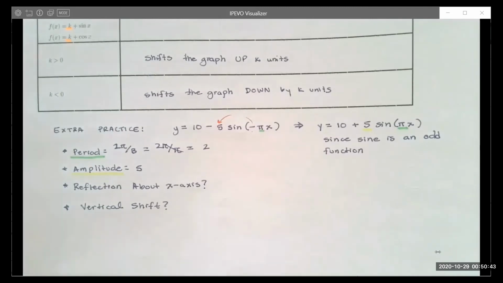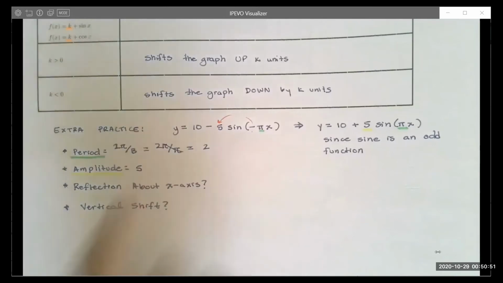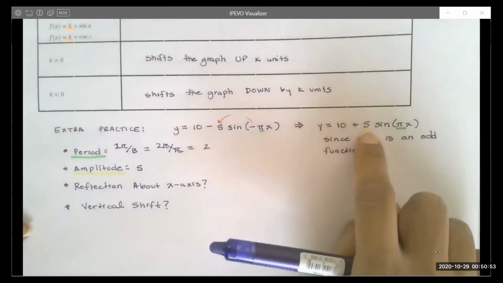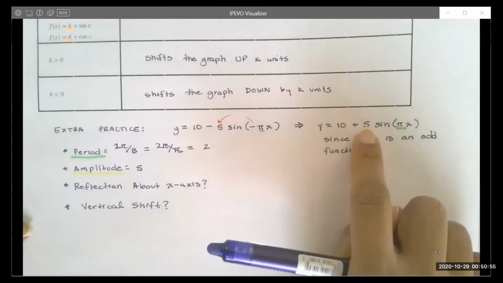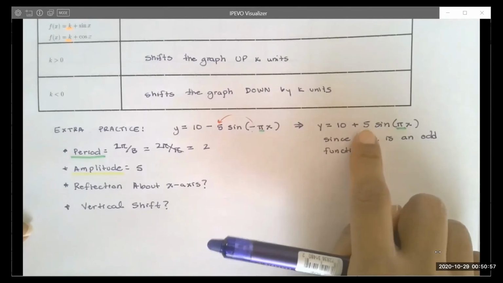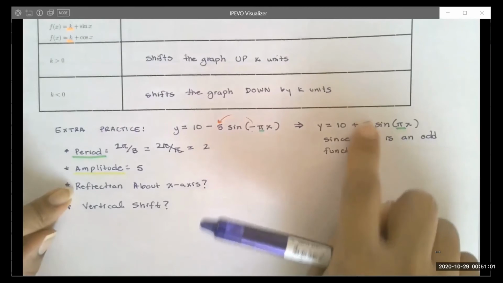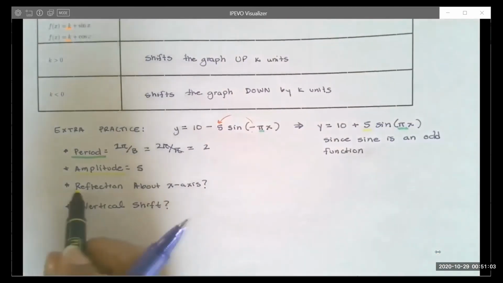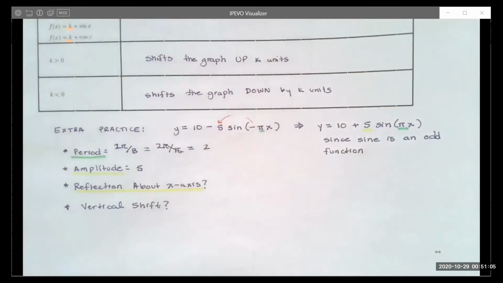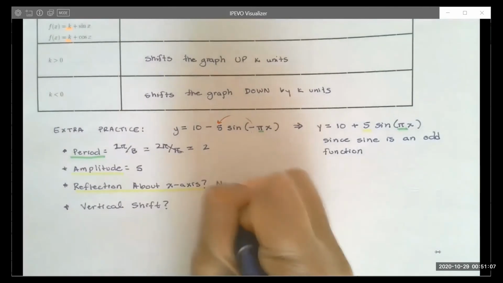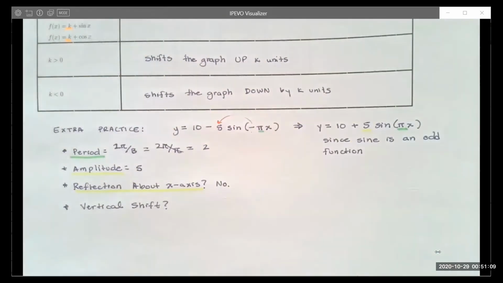What is determining whether or not we have a reflection about the x-axis? Good, so in the amplitude, we use this coefficient of sine, right? And this is not negative. If this were negative, then we would have a reflection about the x-axis. But because that constant is positive, the reflection is a no. Good.